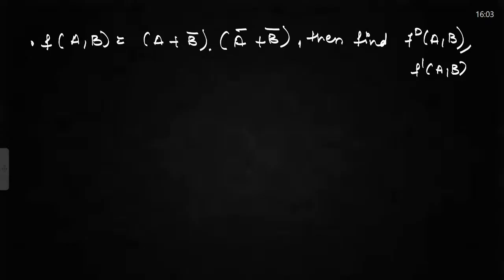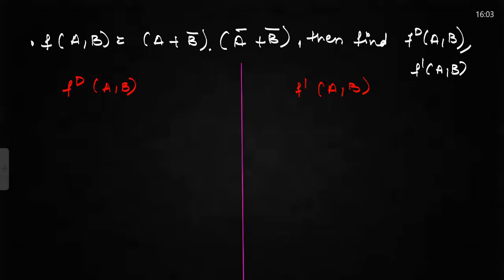So we need to find these two: fd means the dual function, as well as the complement function. Here we will find the dual function and here we will find the complement of the function.